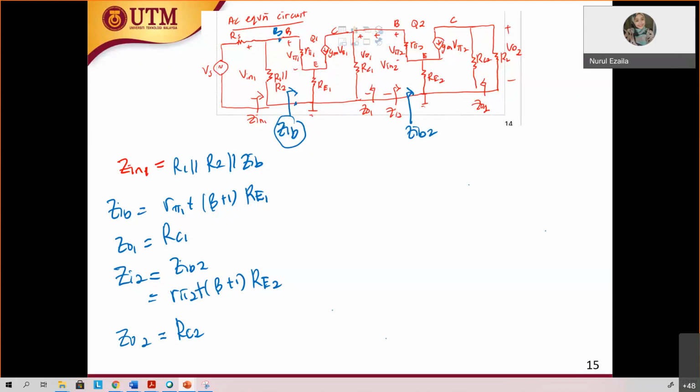So let's do it for AV1. Don't get bored, this is some sort of exercise for you. V out 1 is equal to what? The total voltage across this V out 1 is negative gm V pi 1.